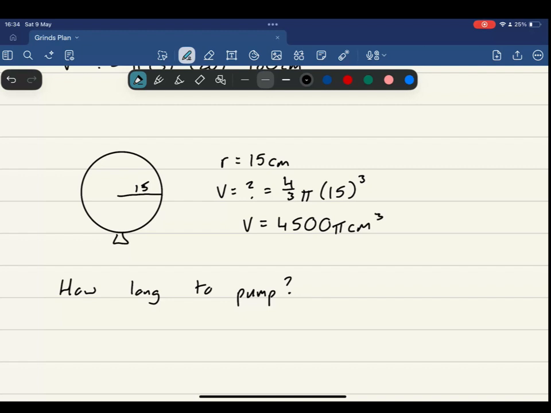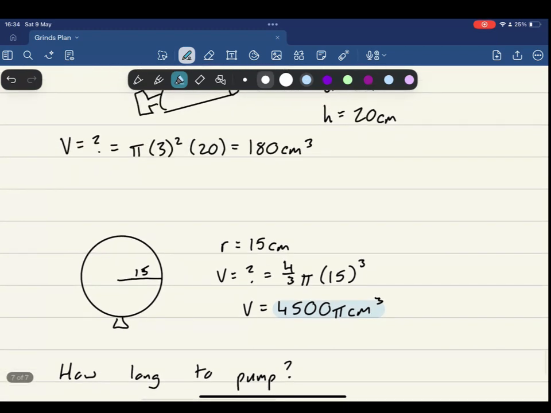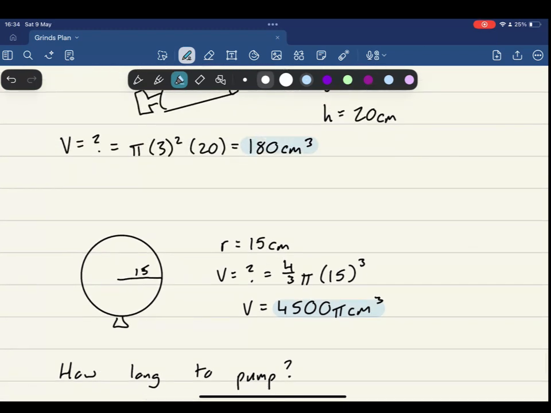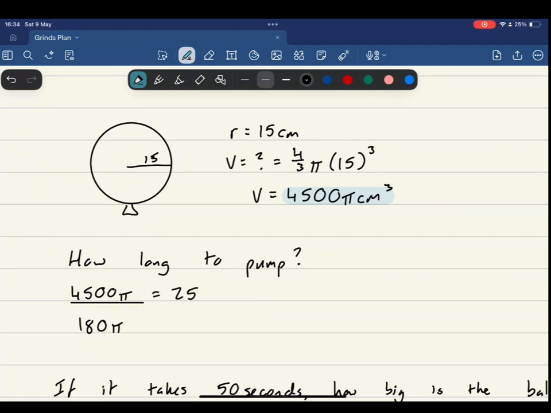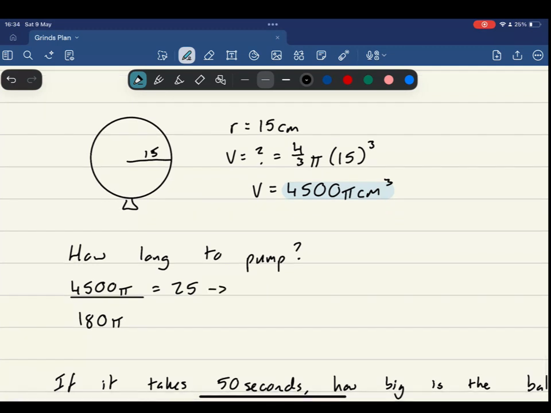Next they say, how long does it take to pump? So we know we're trying to pump 4,500 pi centimeters cubed, but each pump of our pump gives us 180 pi. So it's going to be 4,500 pi all over 180 pi. That gives you 25, and then it tells us one pump equals 1 second, so it's 25 seconds.